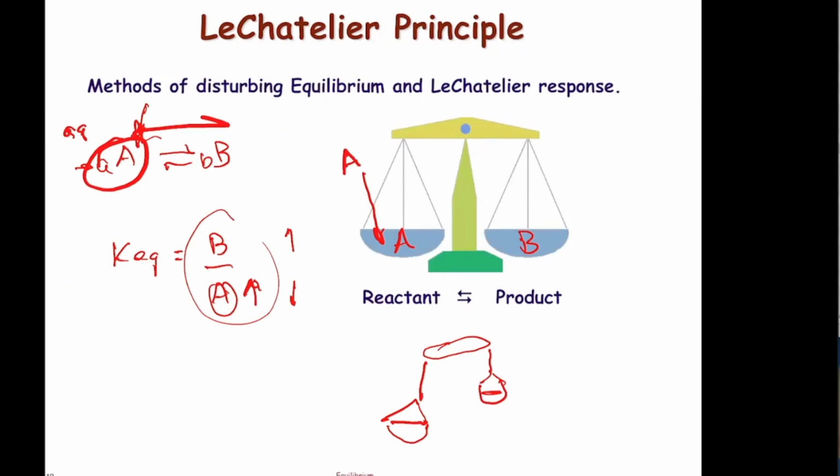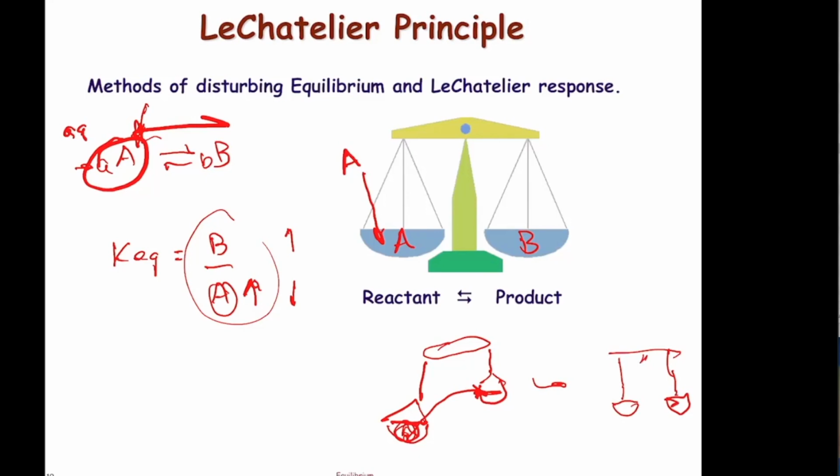But the system self-adjusts. And the way it self-adjusts is that it'll take some of that A and convert it over to products. That's why, when you spike the reaction with a reactant, you see more products being formed, because as more products form, this thing goes back to balance.